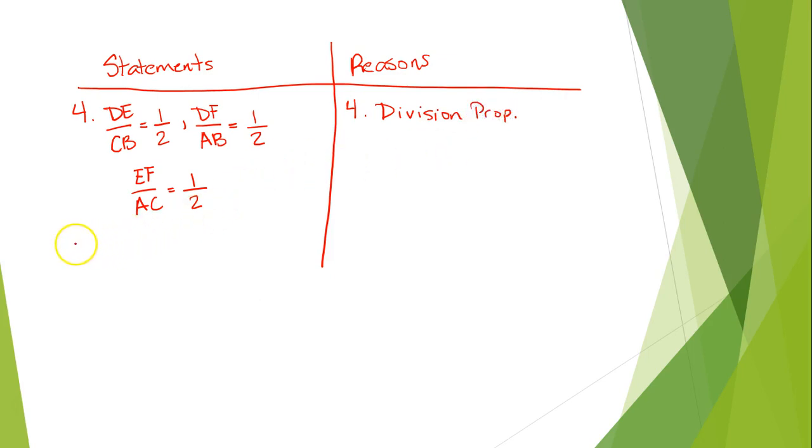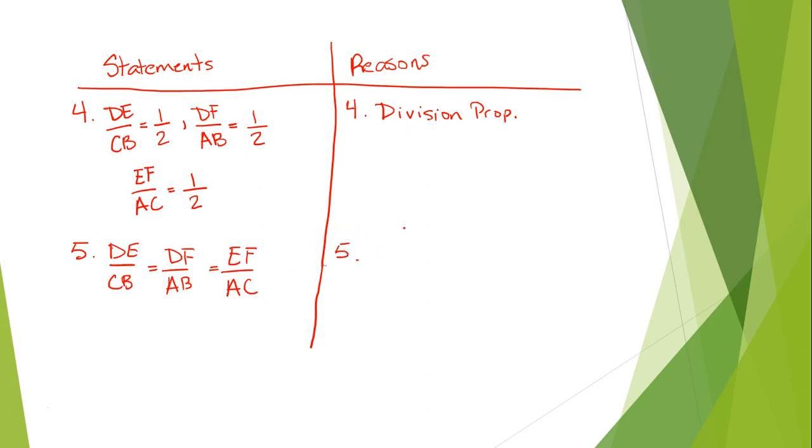All right, and statement number 5, we can say, since all of these proportions equal 1/2, then DE over CB is equal to DF over AB, and that's equal to EF over AC.